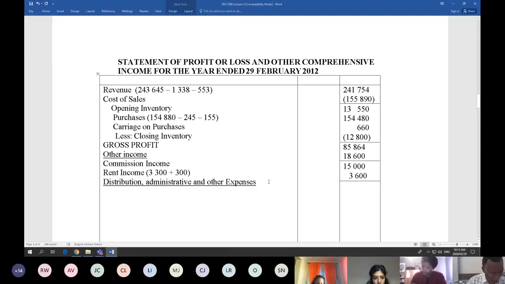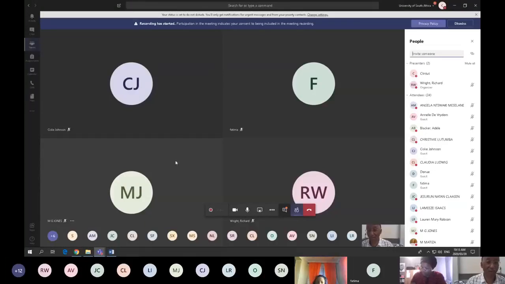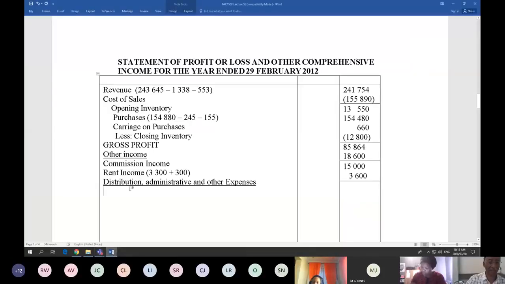The first expense that you will see there, remember your nominal accounts. When we are referring to our nominal accounts, which is all our income and our expenses, they start in your question paper in the trial balance from sales down. Sales, carriage on purchases, commission income, credit losses, those are all our nominal accounts, which is all the income and the expenses. And all of those income and expenses we are going to use when we do the statement of profit and loss and other comprehensive income.